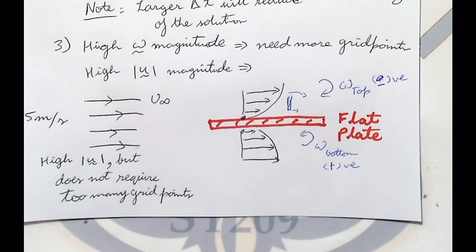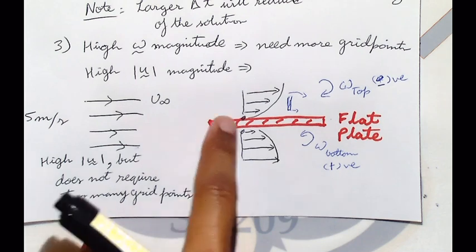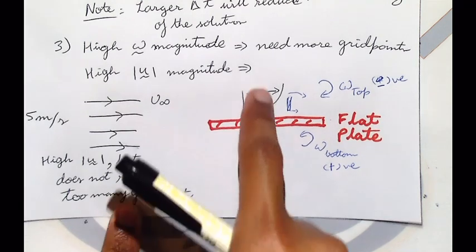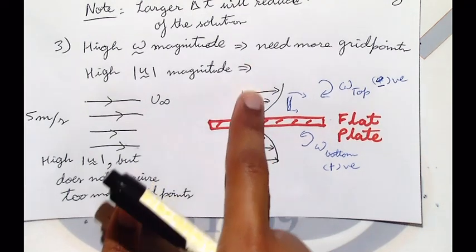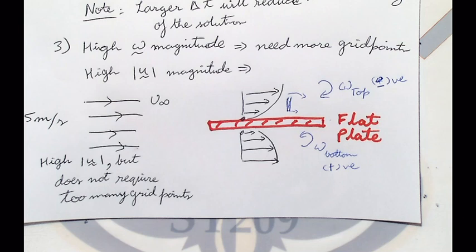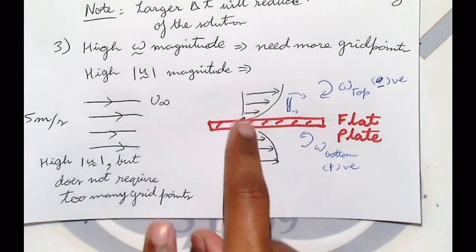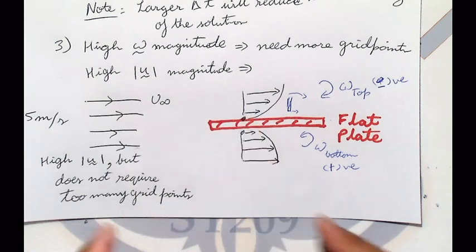Okay, but now you see, because of the wall, things start changing. The velocity starts changing, at least in the y direction. And now we can argue that things are changing very fast close to the wall. We should put down more grid points right at the wall, and that's exactly what computations do.